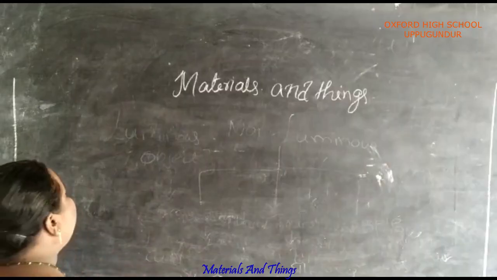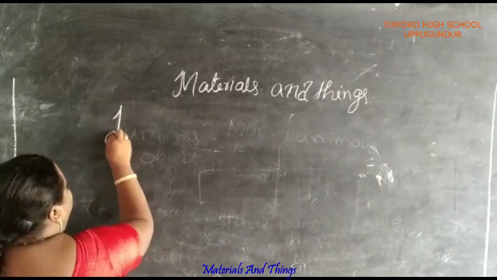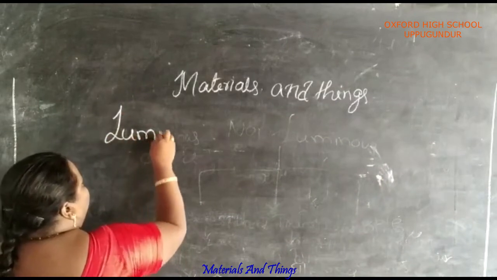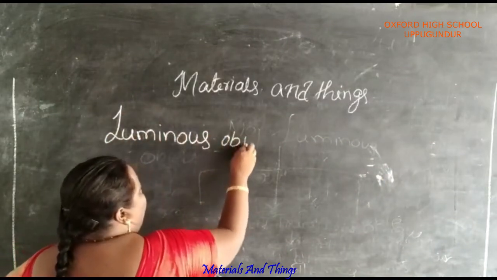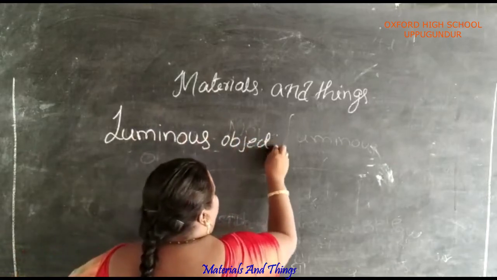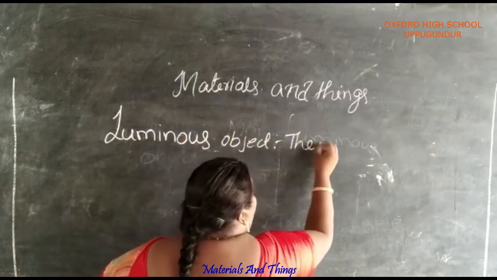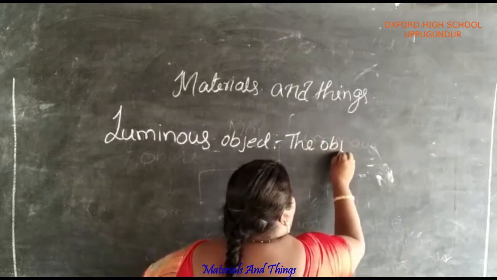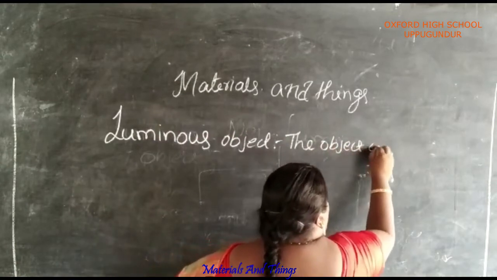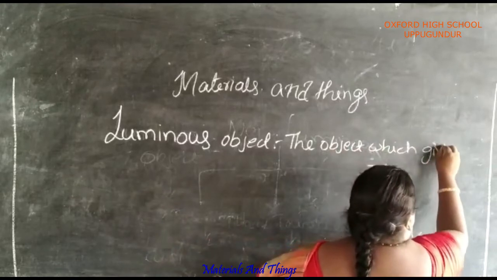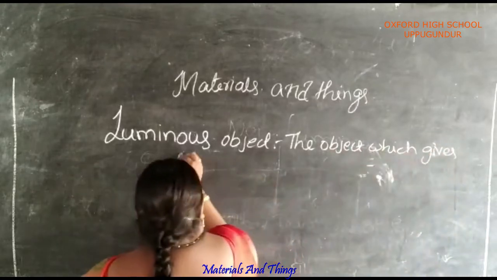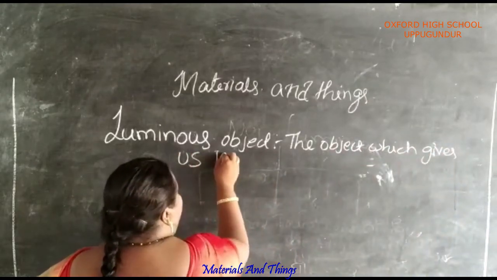I am writing the definitions here. Luminous object: the objects which give us light.